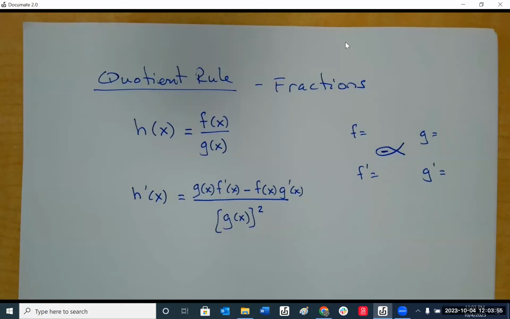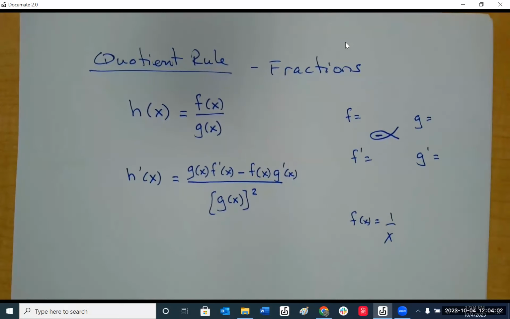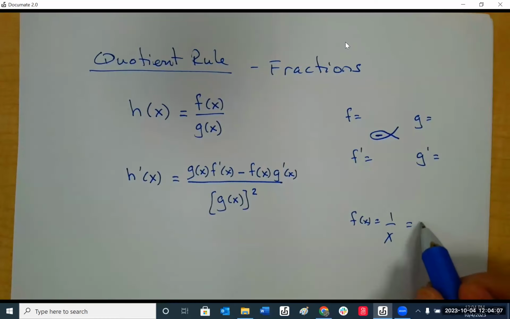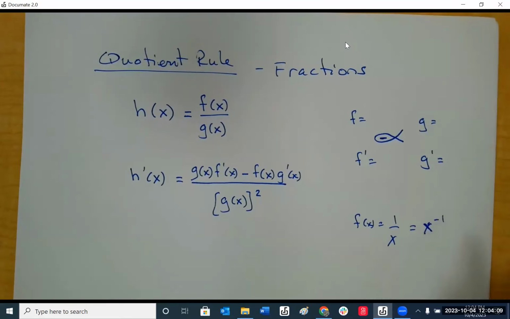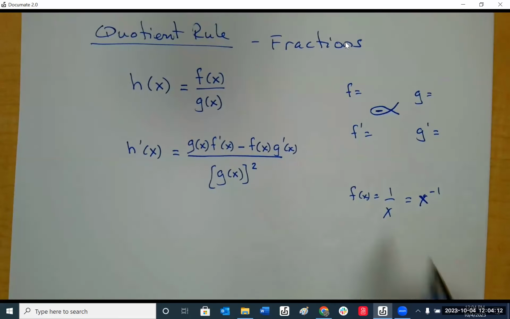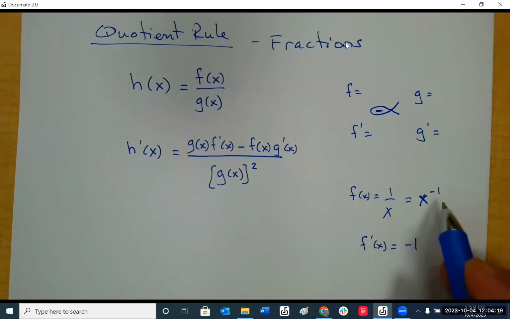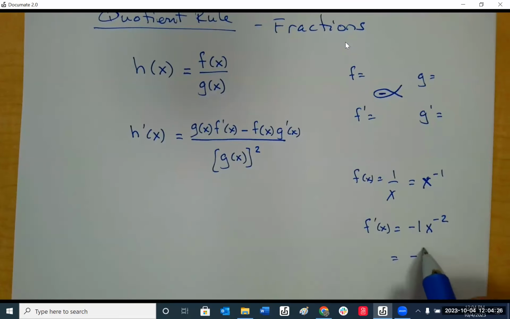What is the bottom of the squared? I'm glad you asked. If we take this function and take the derivative of it, this would be x to the power -1. So the derivative using the power rule would be -1 x to the power -2, which would be -1 over x squared.